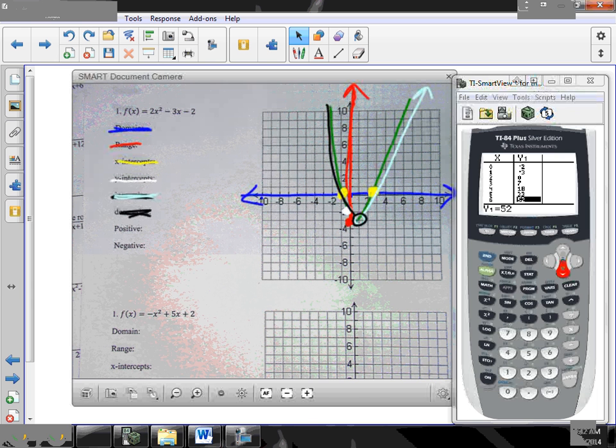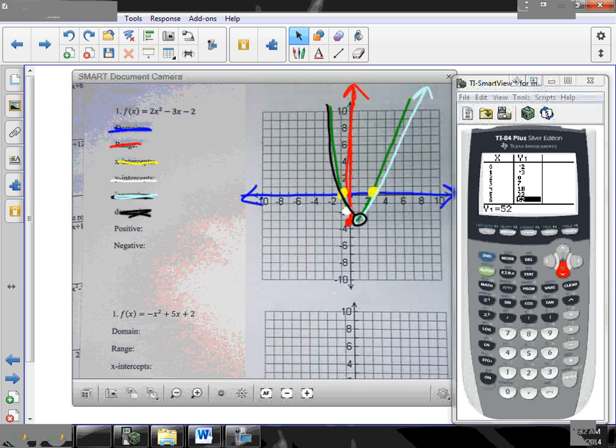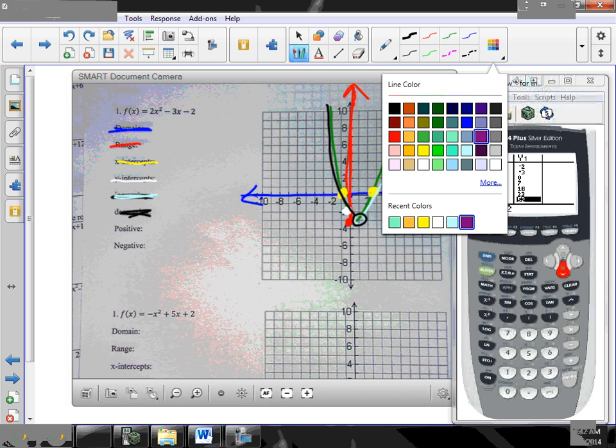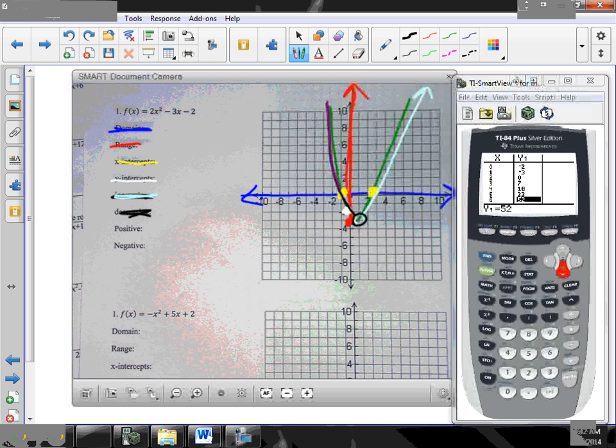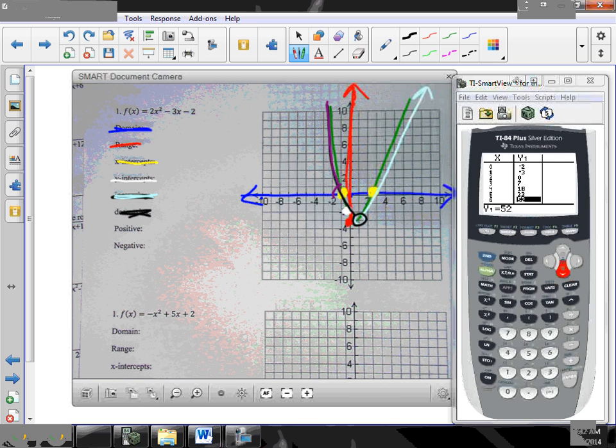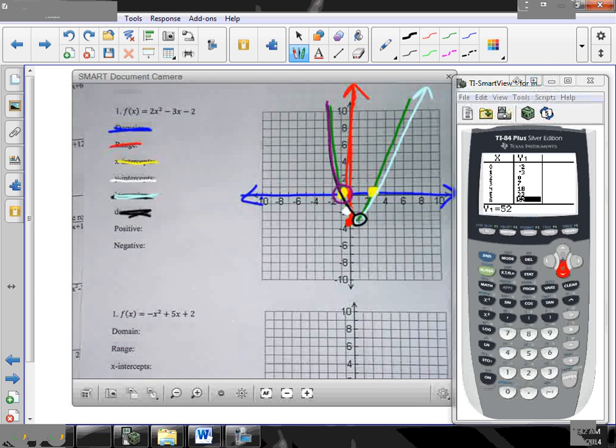Okay? So, when I look at this left portion of the graph, I'm going to draw a line down. When it hits the axis, is that going to be open or closed? Well, is the x-axis positive? No. So open. Is there another part of the graph that is positive?